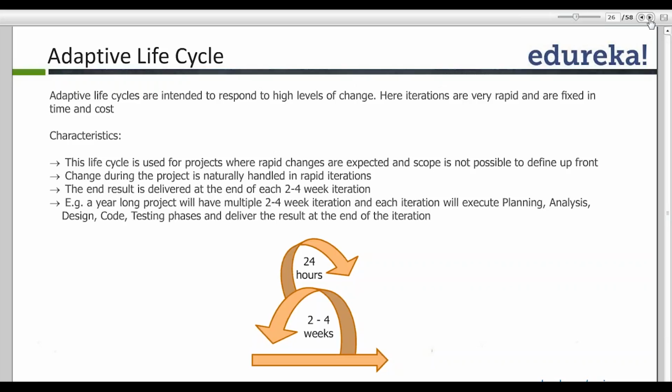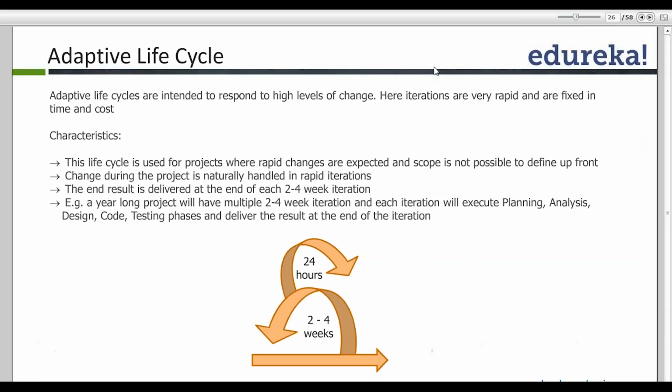Typically, product development companies like Yahoo and Google work on an adaptive life cycle where at the end of every iteration of 2 or 3 weeks, you are delivering some valuable software to the business. Is it clear what an adaptive life cycle is? Scrum is one of the most popular adaptive life cycle models in agile methodology. Any questions here before I move ahead?